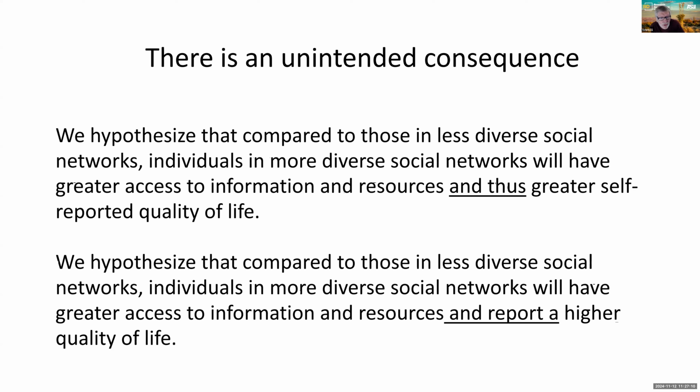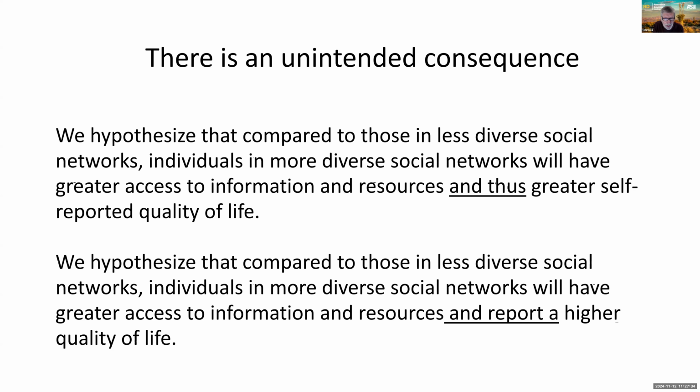What they're actually doing is, we hypothesize that compared to those in less diverse social networks, individuals in more diverse social networks will have greater access to information and resources and report a higher quality of life. Not that the quality of life is dependent upon the others, but that this is simply going to be a report of a higher quality of life. So there's no cause and effect relationship, which is suggested in the second version.